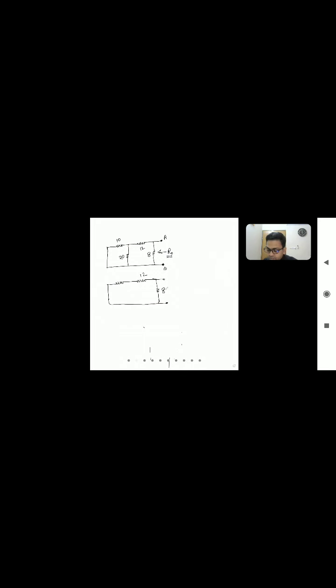Fine. So the next step is this one and this one, they are series or parallel? Series. So if you combine them, it can look like this, after the combination of these two.